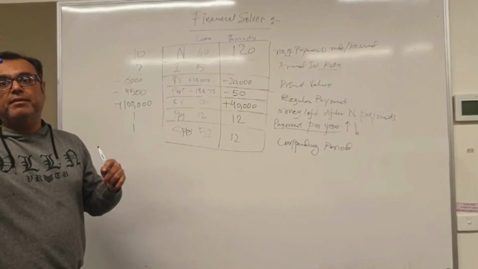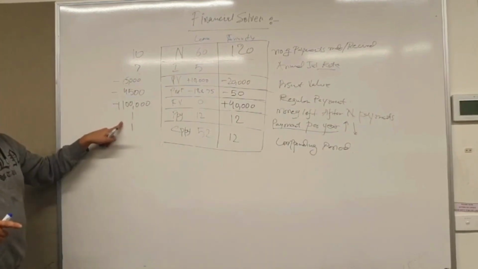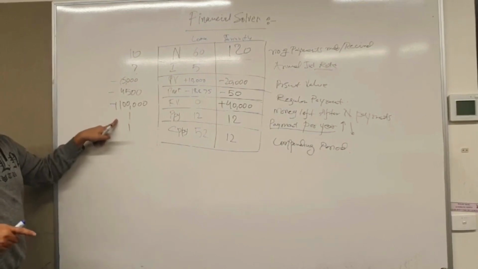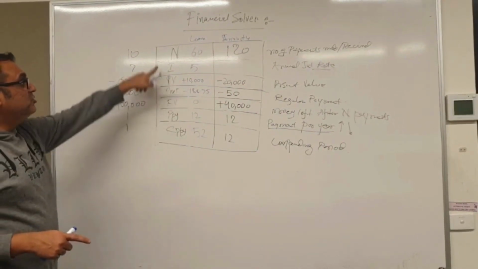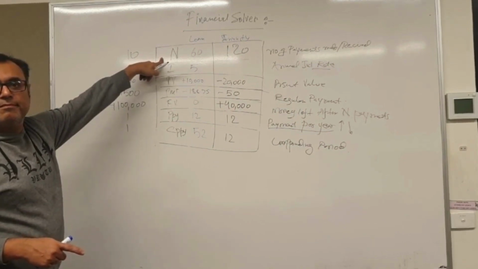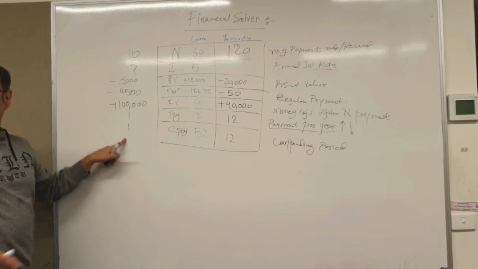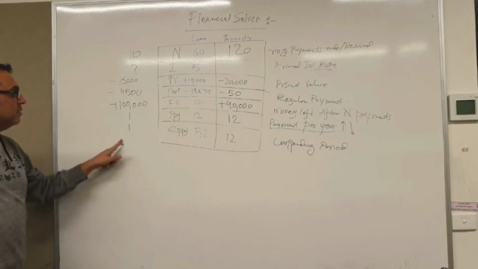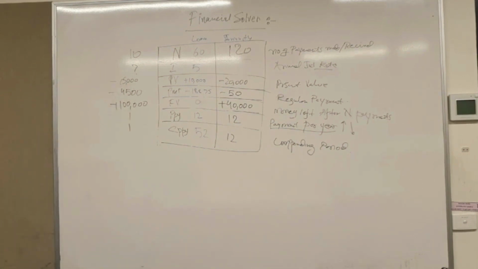So what will be N? 10. And how many times he is transacting in a year is payments per year. That will be 1 as well. This drives this. And why is CPY 1? Because it says right in the first line, compounds annually. You can find the interest rate.